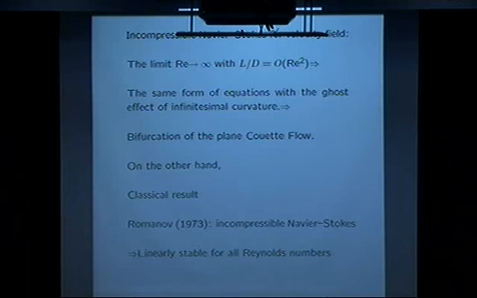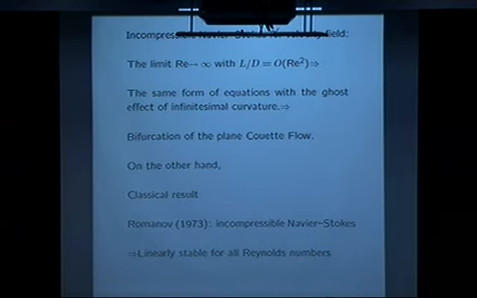In the limit of Reynolds number going to 0, where this radius is over the space of the channel, this is of the order of the Reynolds number scale. Then we get the same equation as we have shown on the slide. Then we have the bifurcation of Poiseuille flow.